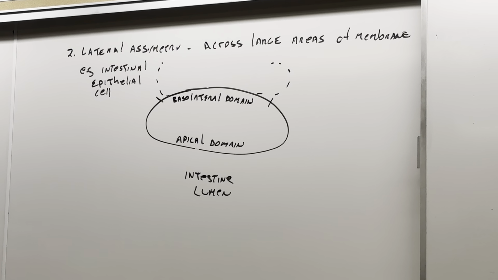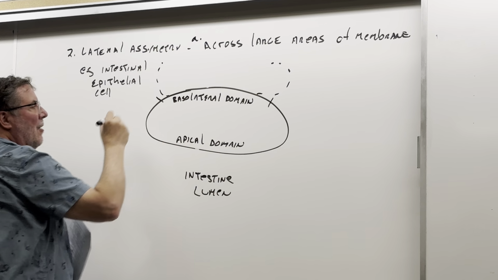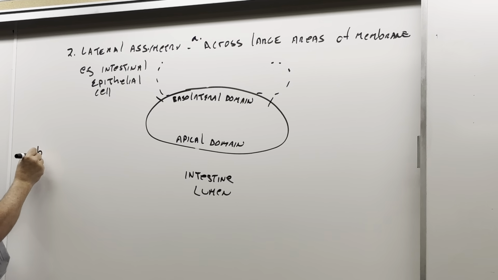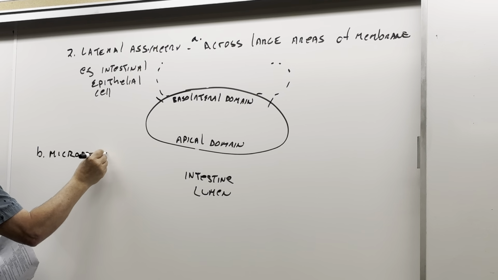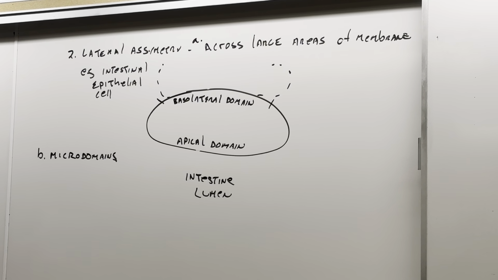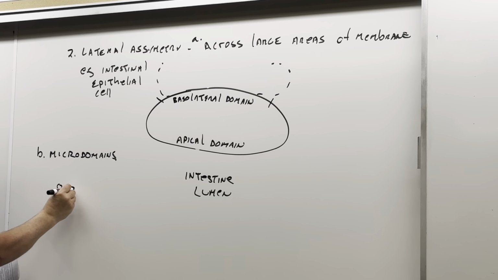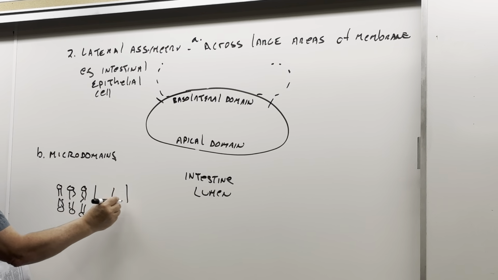The other place we see lateral asymmetry is in microdomains, in which maybe we have our phospholipid bilayer here, and then all of a sudden there might be an area particularly enriched in cholesterol.